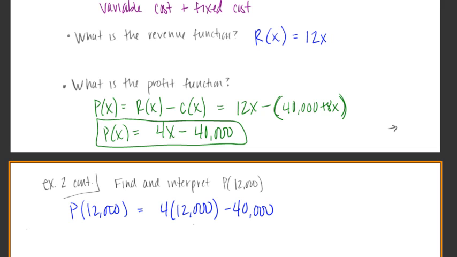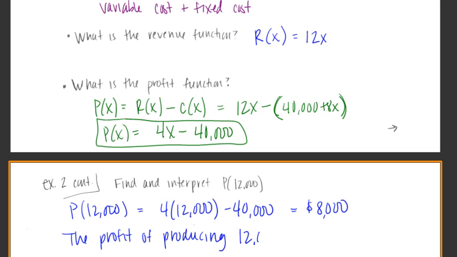Well, 12 times 4 is 48, so 12,000 times 4 is 48,000, minus 40,000 would be 8,000. So basically, if we want to interpret this, the profit of producing 12,000 units is $8,000. Not too bad.